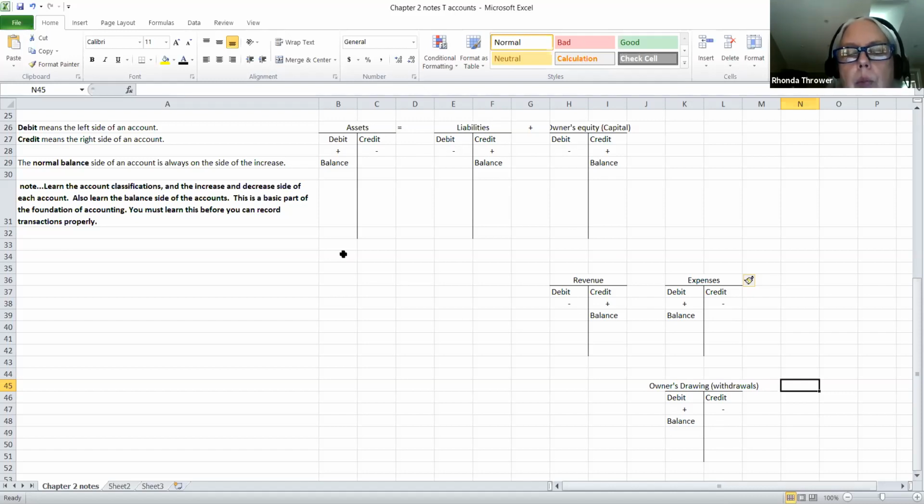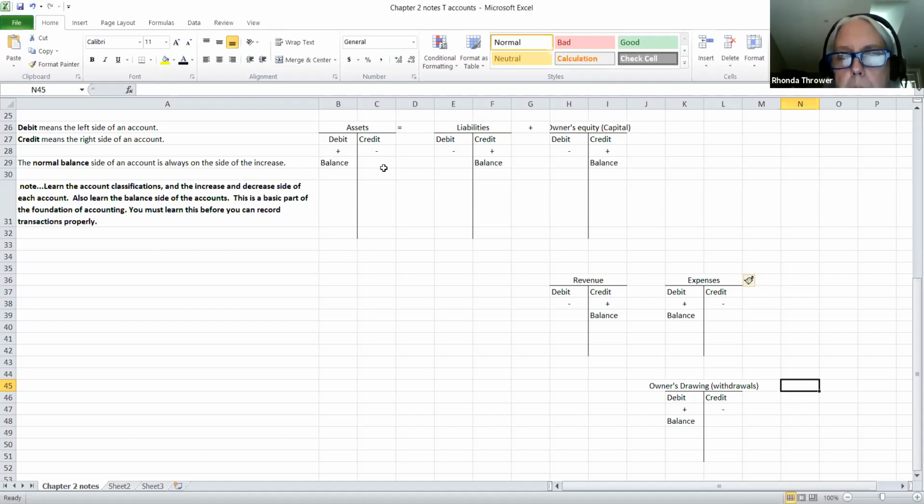The next thing I want you to learn is that your balance side of the account should always be on the side of the increase. For assets, the assets increase on the debit side, so that should be its normal balance. That's not to say that sometimes it'll go over here to the credit side, but that's not normal.